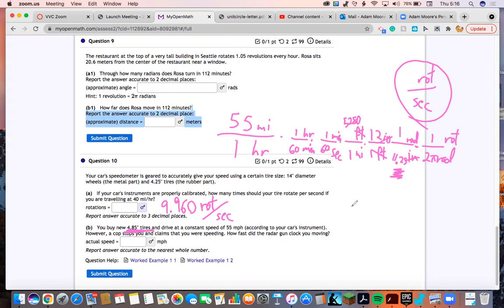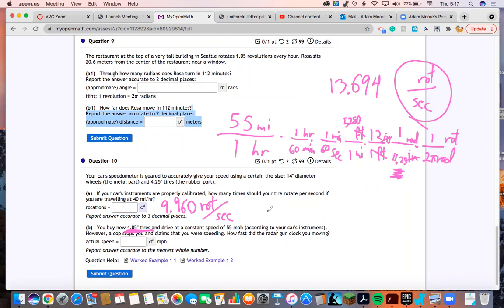Instead of 9.9, we have 13 point something, and in this case that comes out to 13.69439, and they just want this in the end accurate to a whole number. So I'm just going to give them a few places now, and that'll keep us accurate enough. 13.694 will be plenty enough because, again, at the end, we're going to round to a whole number anyway. So we're looking at 13.694 rotations per second, full rotations per second.